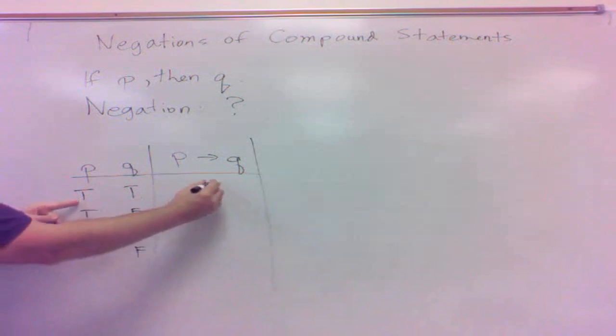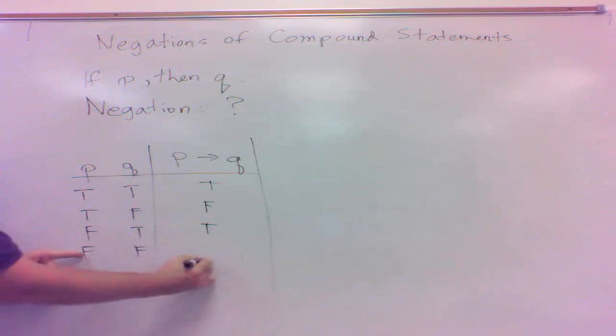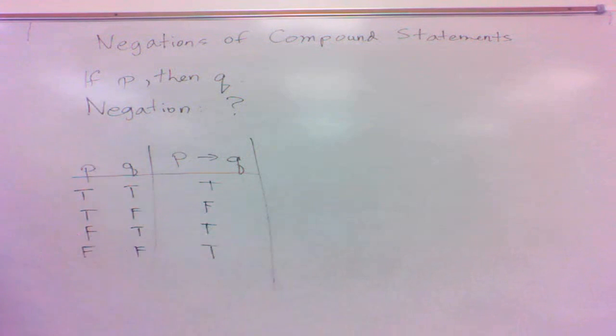So T arrow T is true, T arrow F is false, F arrow T is true, and F arrow F is true. So that's what we want to be doing the opposite of. T, F, T, T. So we need what? F, T, F, F. Need something with F, T, F, F.